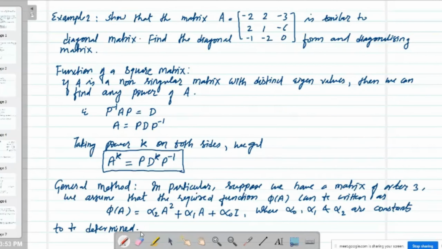अगर सपोज मैट्रिक्स आपका 2x2 है तो कैसा इसको करेंगे? दिस इज फॉर 3x3 मैट्रिक्स. Now suppose we have a 2 cross 2 matrix.